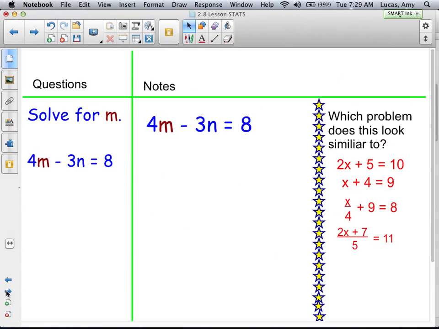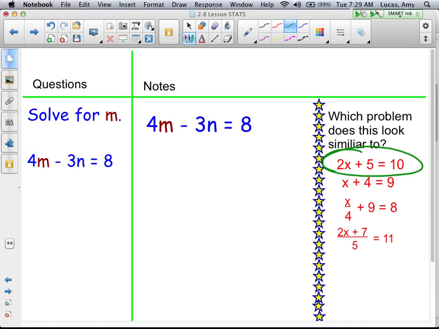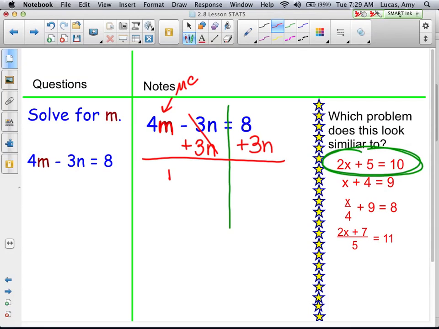Okay, next one. This one's very similar to the last one. So I believe it's similar to this one on the top again. The M is the variable that we're trying to isolate. So 4M is going to be our married couple. That means I'm going to need to get rid of this 3N by adding it. Again, I do not have like terms on my right-hand side over here.